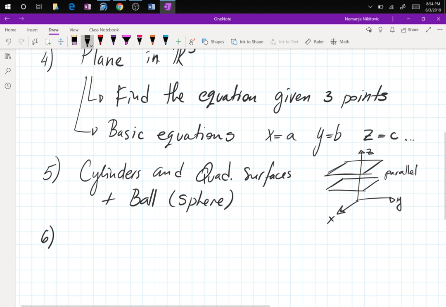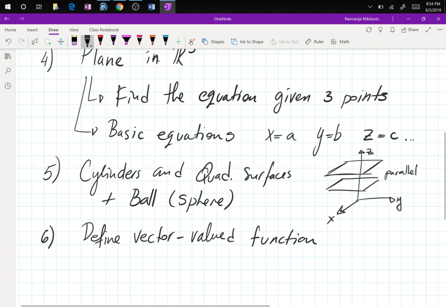So these 5 concepts are the concepts from chapter 13, and then we're moving into chapter 14, which is on the vector valued functions. So define vector valued function.